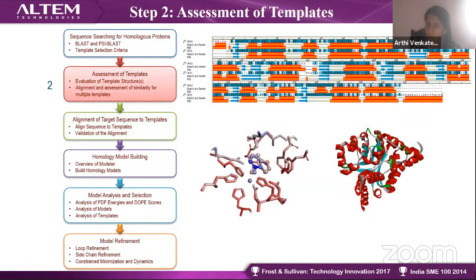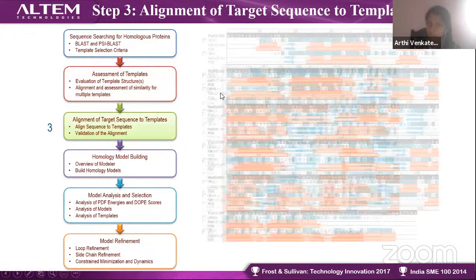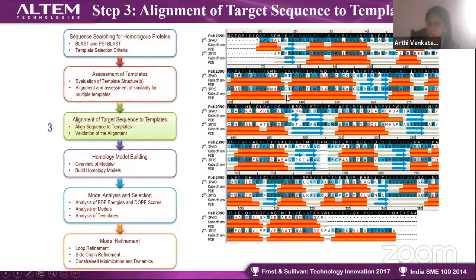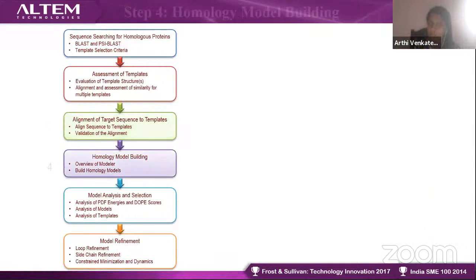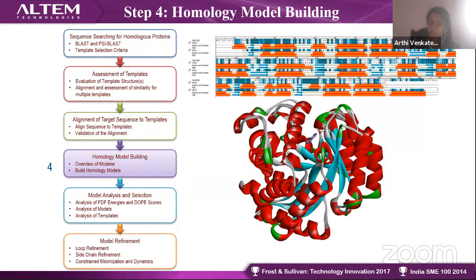Once you have it, you will align your sequence to the particular template. Once you have aligned, you have to validate the alignment. Then you will build your model through homology model building, through Modeler. After that, you can go for model analysis as well as selection.